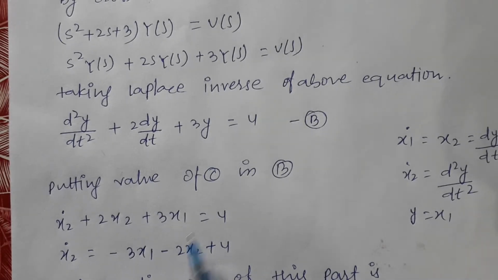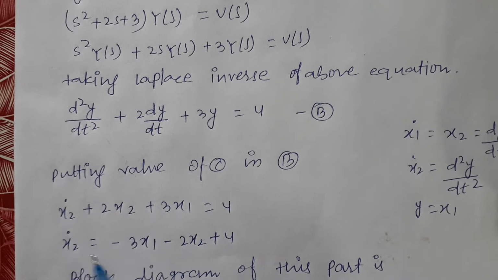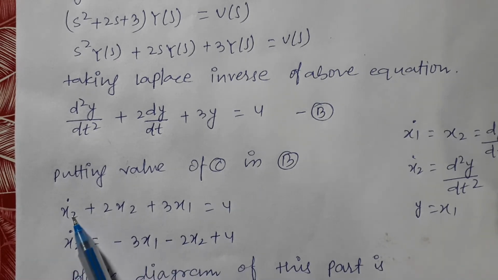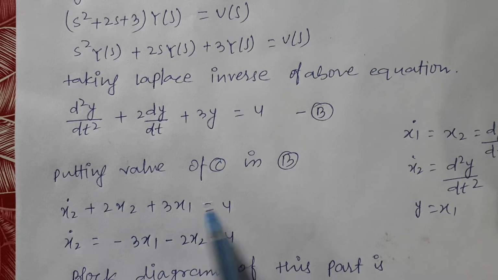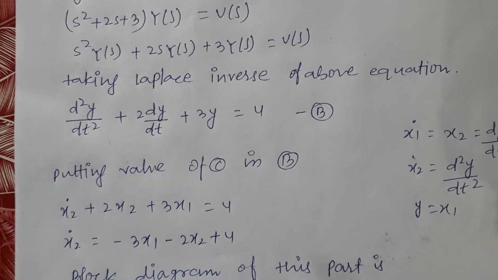Now putting this in the equation, we get x2 dot plus 2x2 plus 3x1 equal to u. Now we transfer these terms to this side, and we get x2 dot equal to minus 3x1 minus 2x2 plus u.